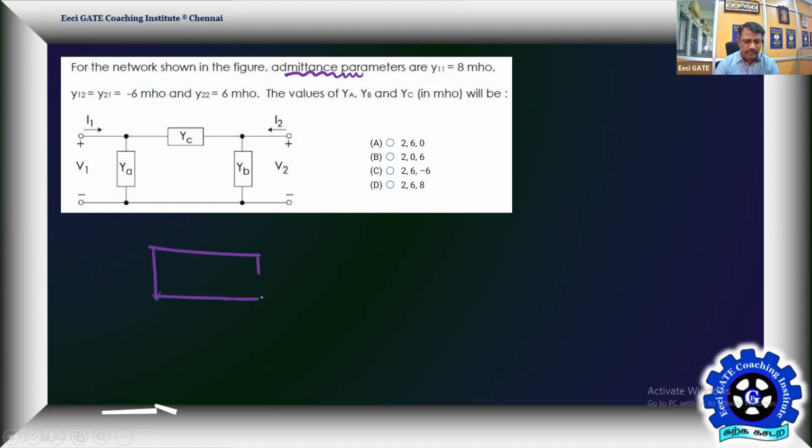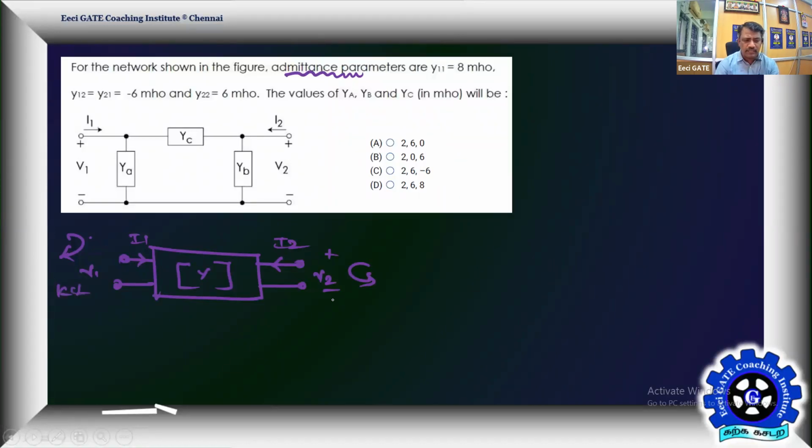As I said, you do not remember everything, remember little. So it's V2, this is I2, output port, input port, V1, the current I1. So this is the Y matrix. Quickly make the connection. It's a KCL, making your Y matrix admittance parameters.